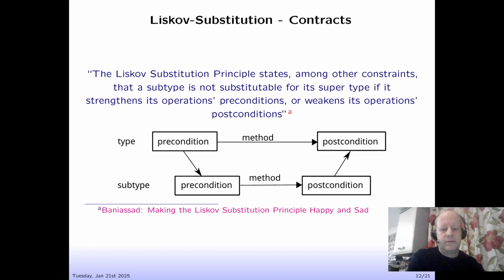So basically what it means, as shown in this illustration, is that the precondition of the base method must imply the precondition of the method of the inheriting class. And after executing the method, the postcondition of the substituted method must imply the postcondition of the original method.